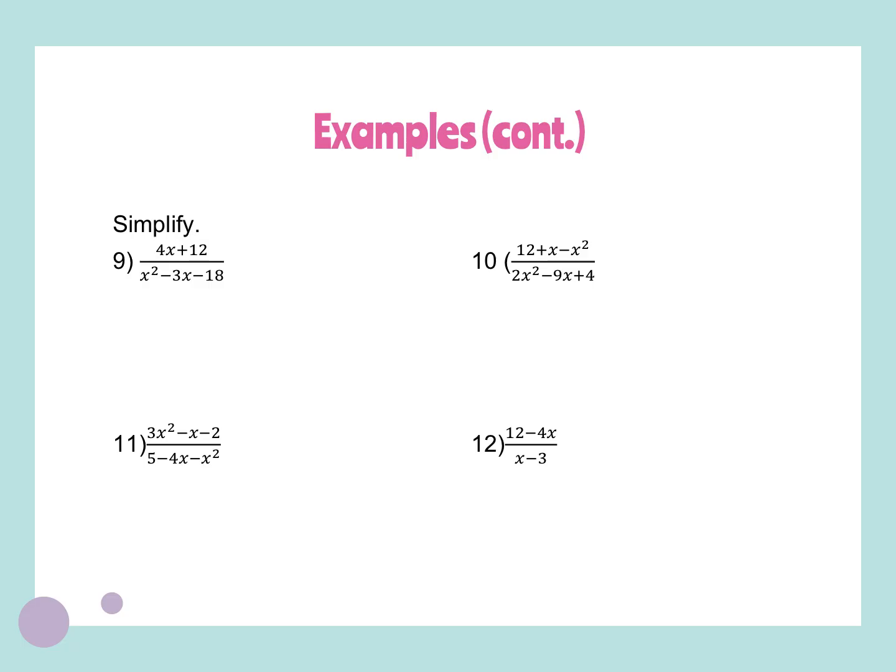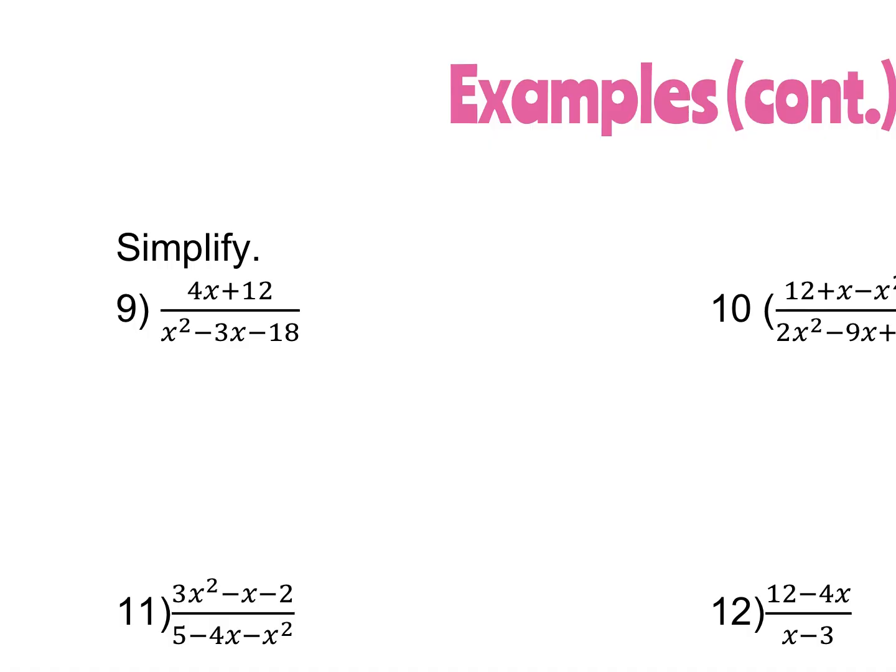And I'm just going to do the exact same thing with the rest of these examples. All right, so number 9, we can look at something like this, and again, we can try to factor. So the top, 4x plus 12, I can take out a factor of 4, and we're left with an x plus 3. And then on the bottom, I can try to factor that as well. We're looking for factors of negative 18 that add to negative 3.